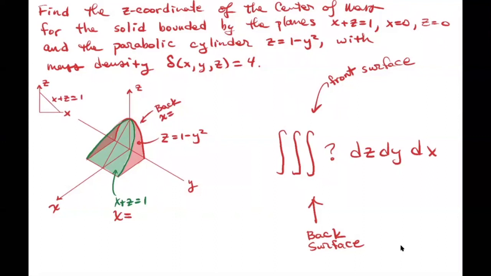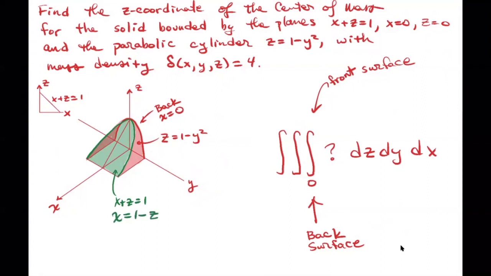X equals 0, correct. So your back surface is where x is 0. So let's do a lower limit as the back. And then what is x in the front? That's the green surface. And I'm actually going to do that in green just to make it clear. So x is 1 minus z, yeah?